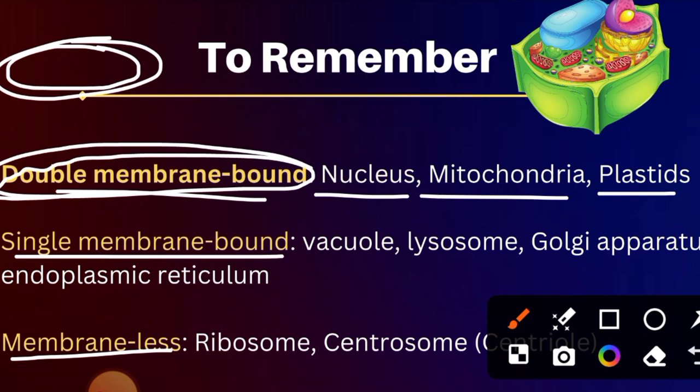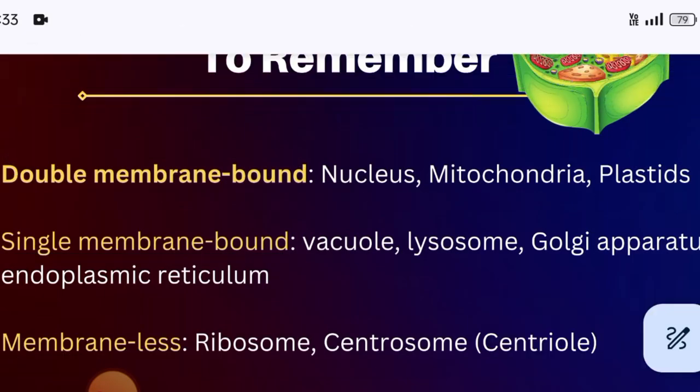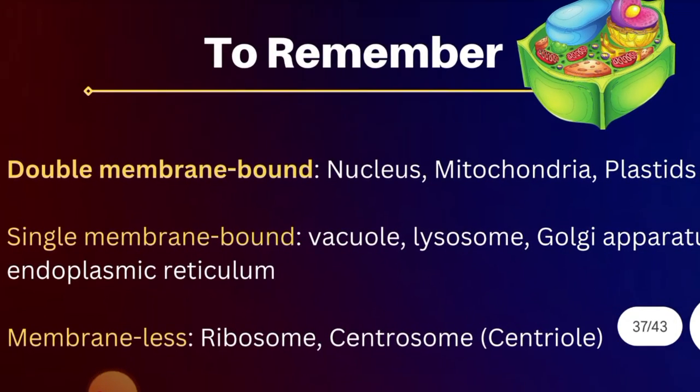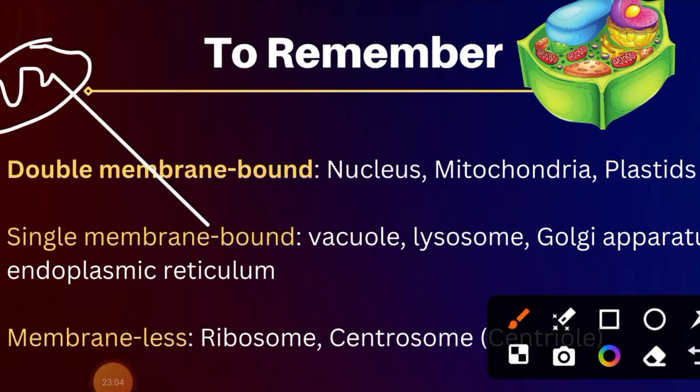So see, nucleus is having two membranes. We learnt about it now. One inner nuclear membrane, one outer nuclear membrane, and the space within this is known as perinuclear space. Mitochondria, as I told you, have one with cristae inside, and the other is the covering membrane, which we have already seen.